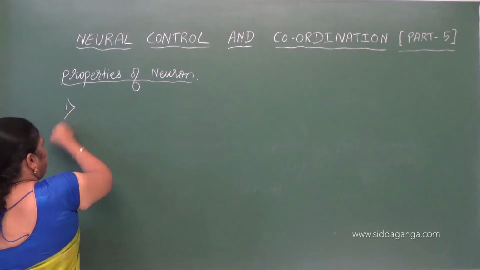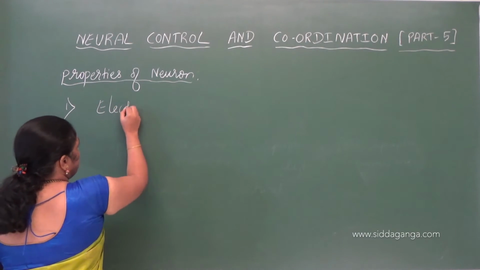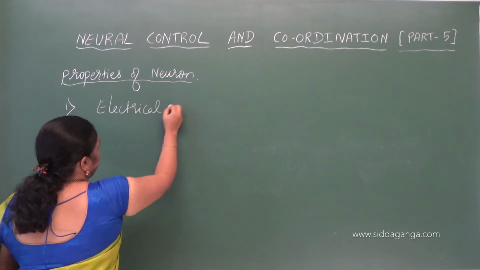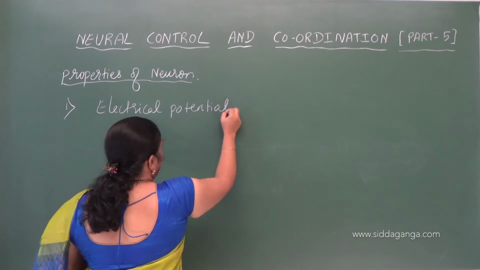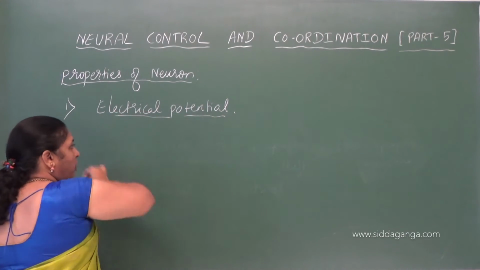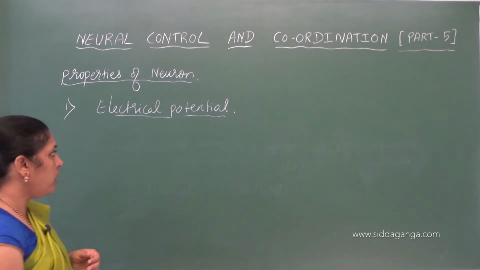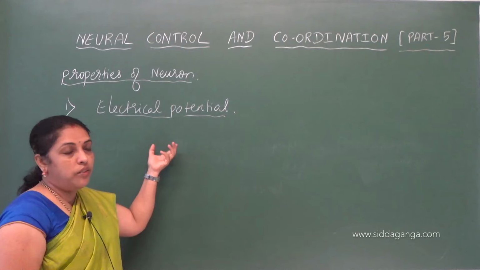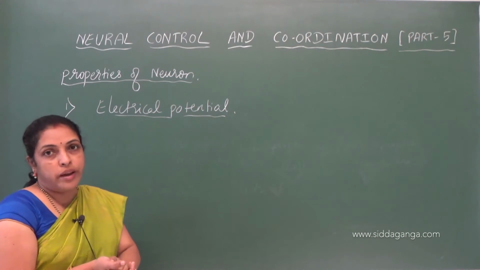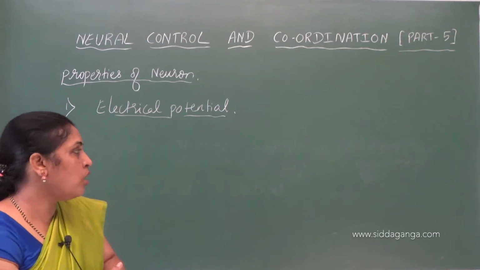So first property of neuron, electrical potential. Due to the presence of electrical potential, neurons are excitable and conductible. As with all other cells, even the nerve cell is surrounded by extracellular fluid which contains ions and salts.